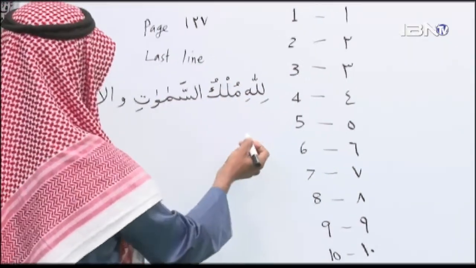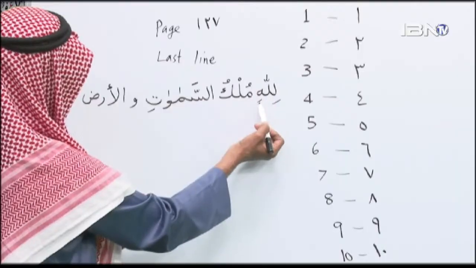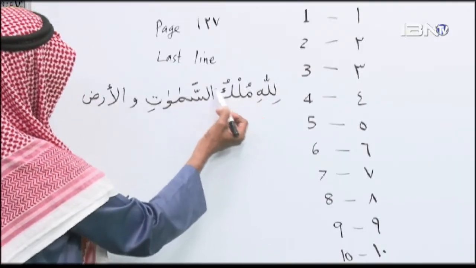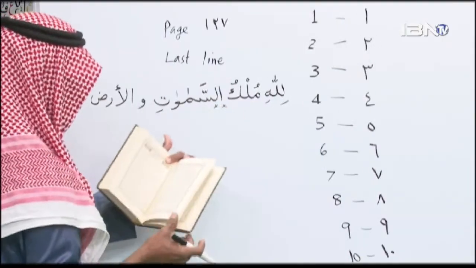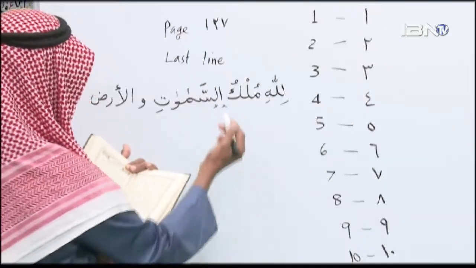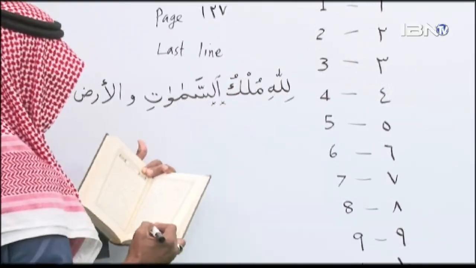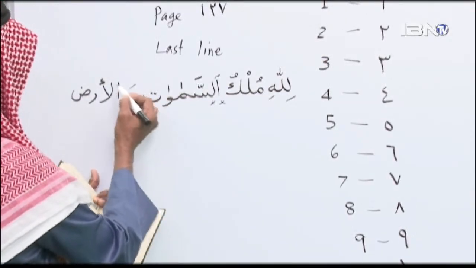All right, so we could read it. Lillahi mulkus. This is silent. That is silent. Let me see how it's written here. So we have the little thing above here. All right. Wal ard.